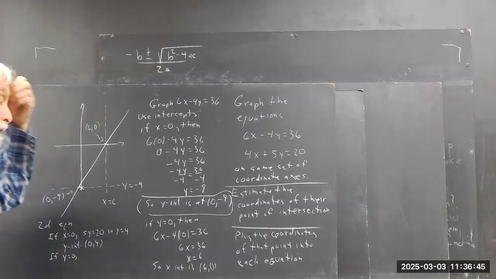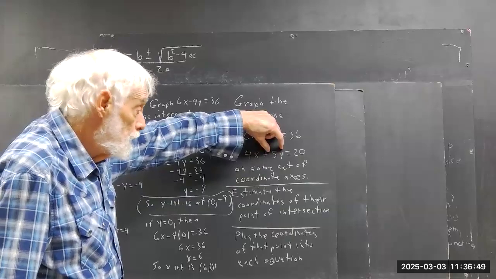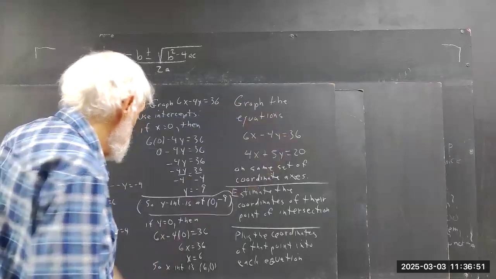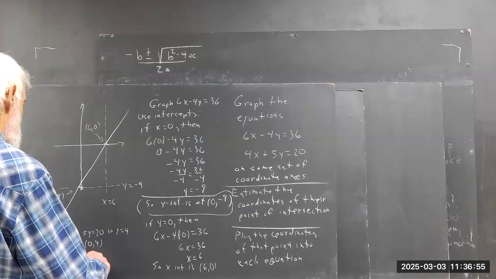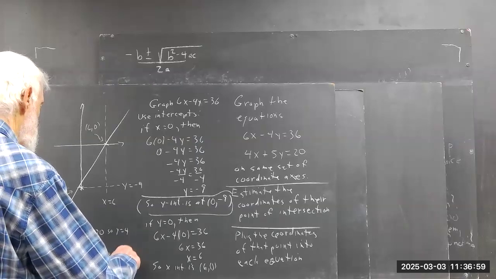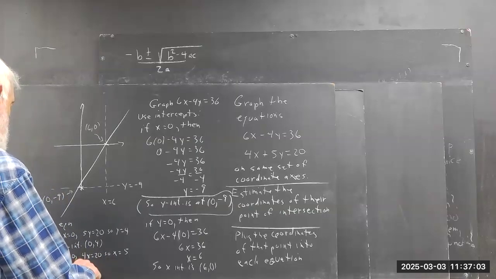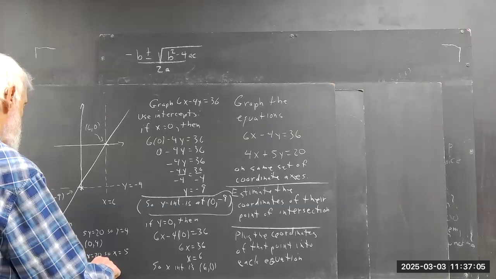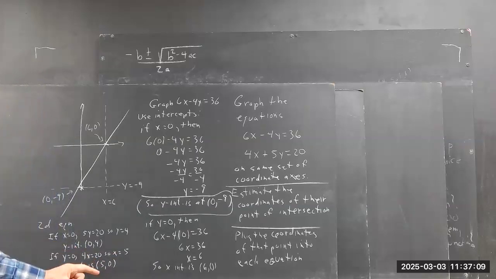If y equals 0, we can just look at this equation and see that 5y is going to be 0. Then we're going to have 4x equals 20. So the x-intercept is 5, 0.